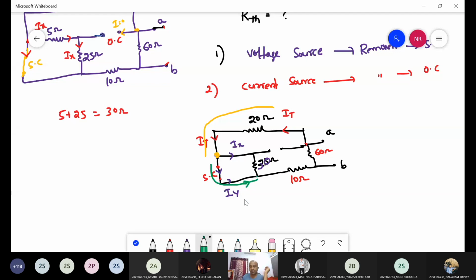In this path the resistor value is equal to 0. Then in this path some resistor is there to oppose the current. What is the resistor definition? It will oppose the current.